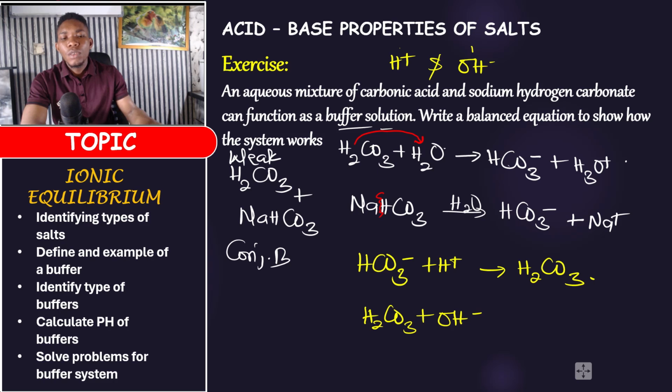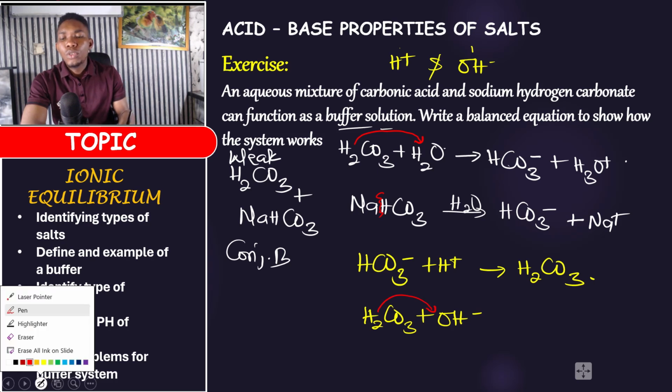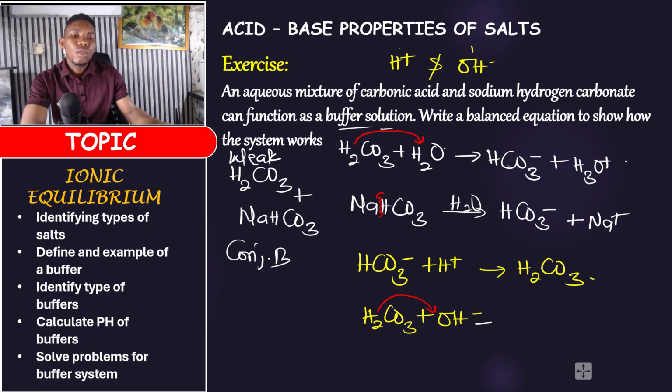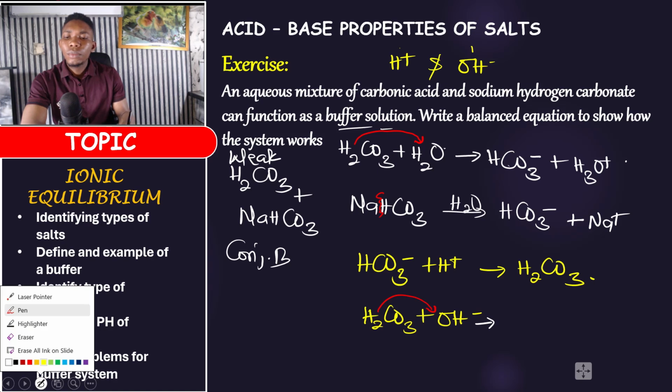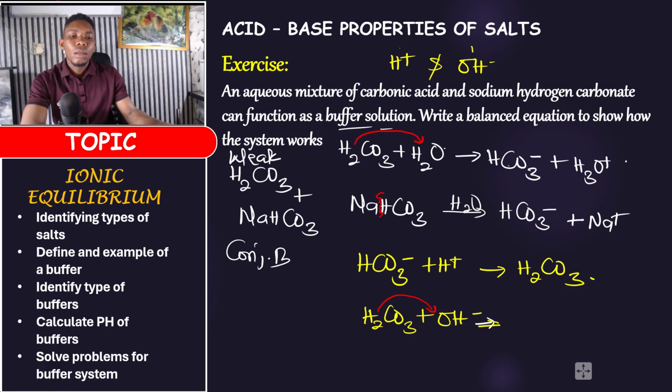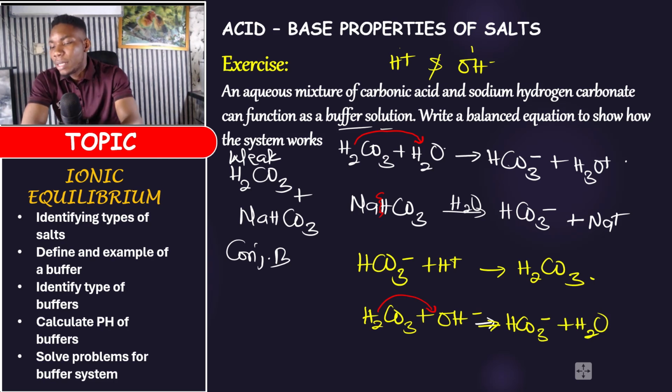This group is going to protonate OH negative. If it protonates OH negative, that means it gives a proton to it. A proton leaves here, and the negative charge becomes visible. You have HCO3 negative plus what? H2O. Is that okay? So that is that.